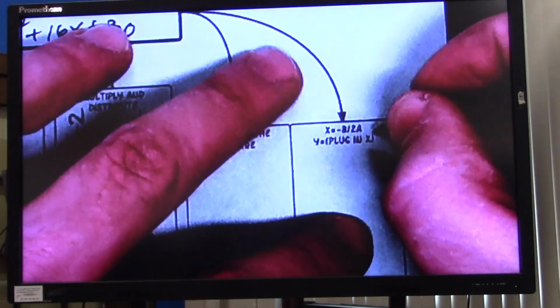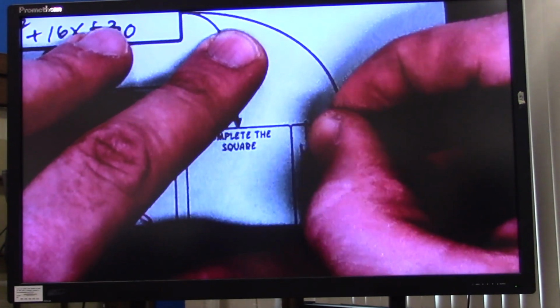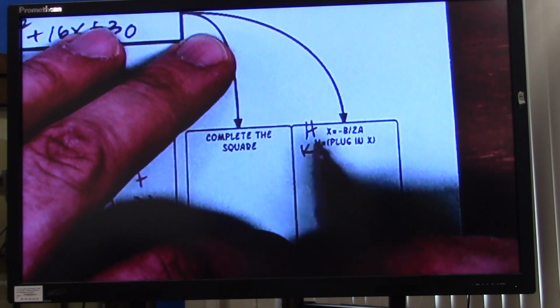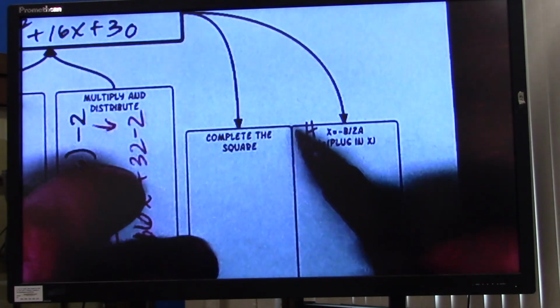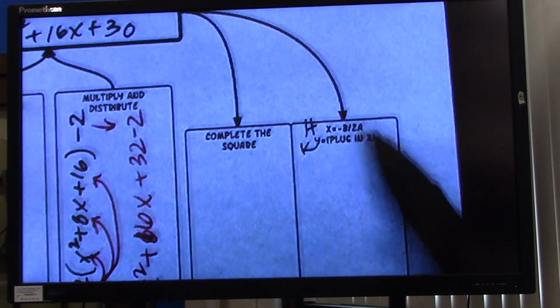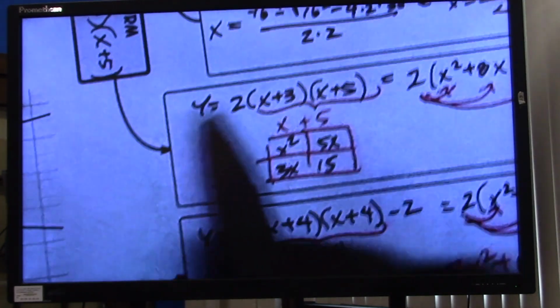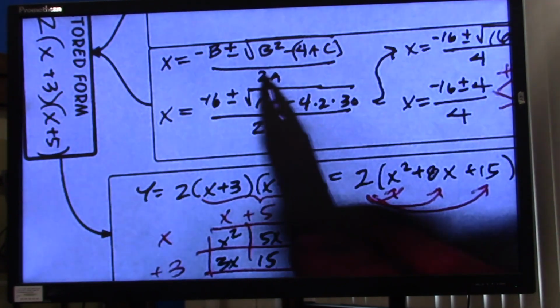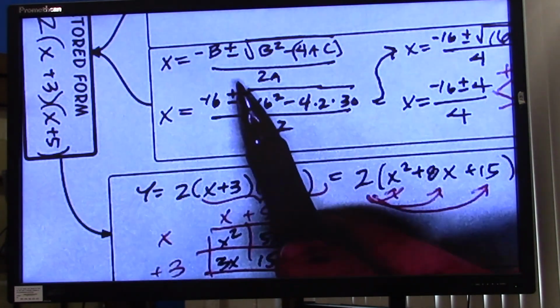What you're doing with this is finding the h and the k that come into play in the vertex form. This is the shorthand way we're going to get them. Negative b over 2a is just this piece without the plus minus business.